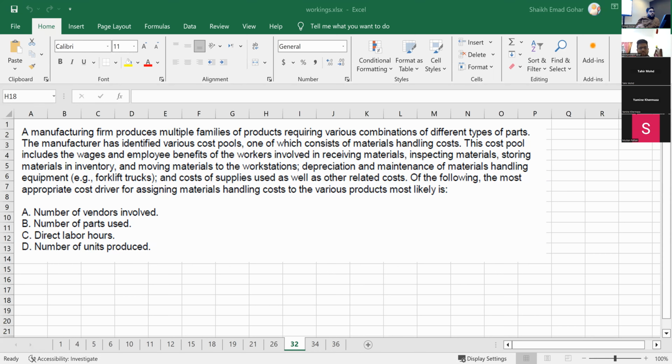Number of parts. The more parts will be used, the more they have to be handled, or not? If a product has more parts, more handling is required, or not? So what is the answer? B is the answer. Getting the story, everyone? B is because this is the best among the other three.